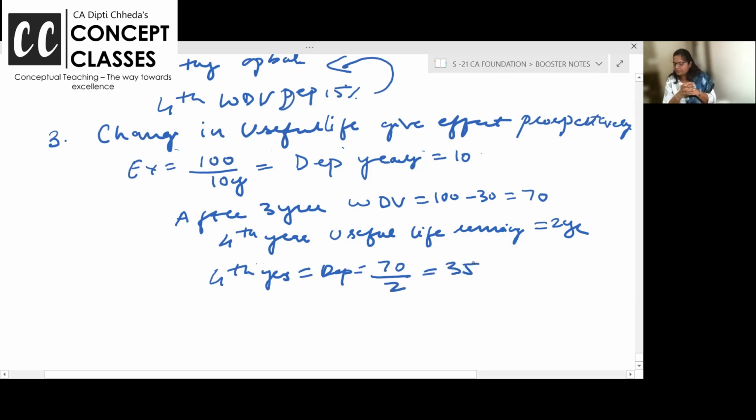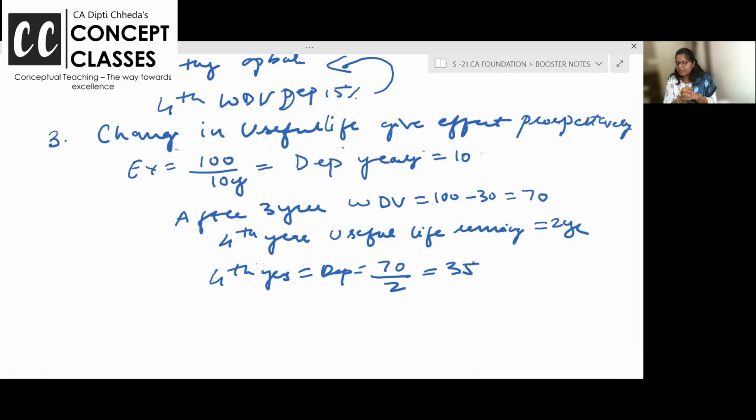Clear or not? 70 by 2, 35. Till 3 years it is 30, so 70. Now they said only 2 more years are remaining. So 35.